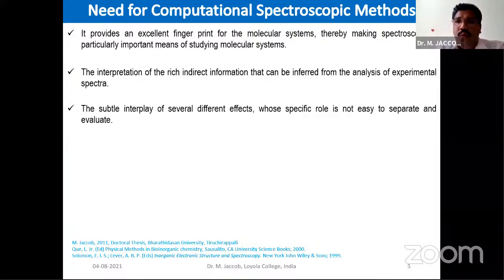What is the need for doing computation in terms of computational spectroscopy? For all experimental observations, we need confirmation in terms of spectroscopic information. Spectroscopy is a fingerprint of the molecular system. Once you need to confirm whether a particular product is formed or the reaction is completed, everyone will take NMR or IR or UV, depending on availability of the instrumentation.